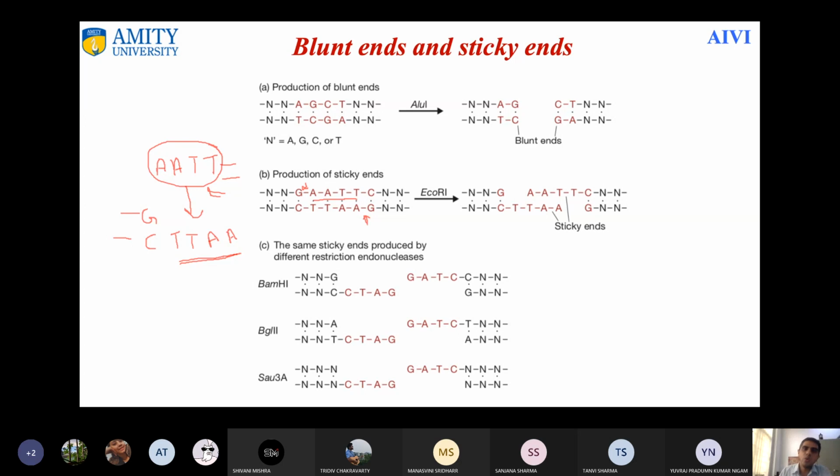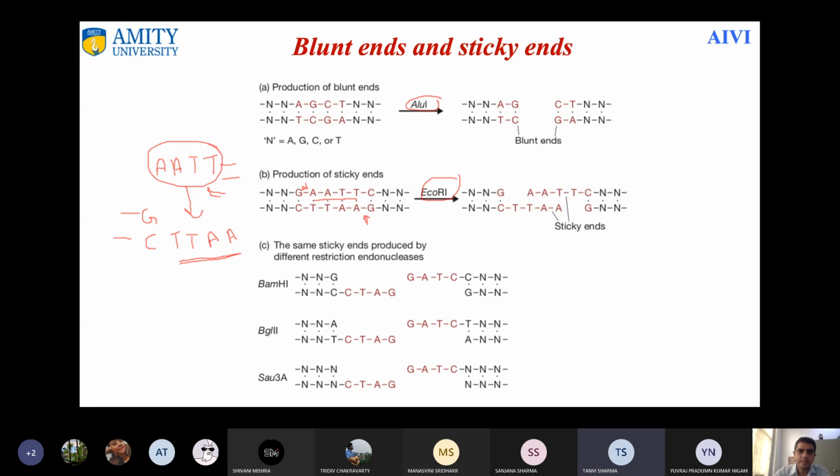Okay. So EcoRV was an enzyme which produces the blunt end. EcoR1, which is recognizing GAATTC, produces a staggered cut, and a staggered cut leads to the production of the sticky ends. Okay. Getting this point? Getting it? So can you repeat once again?